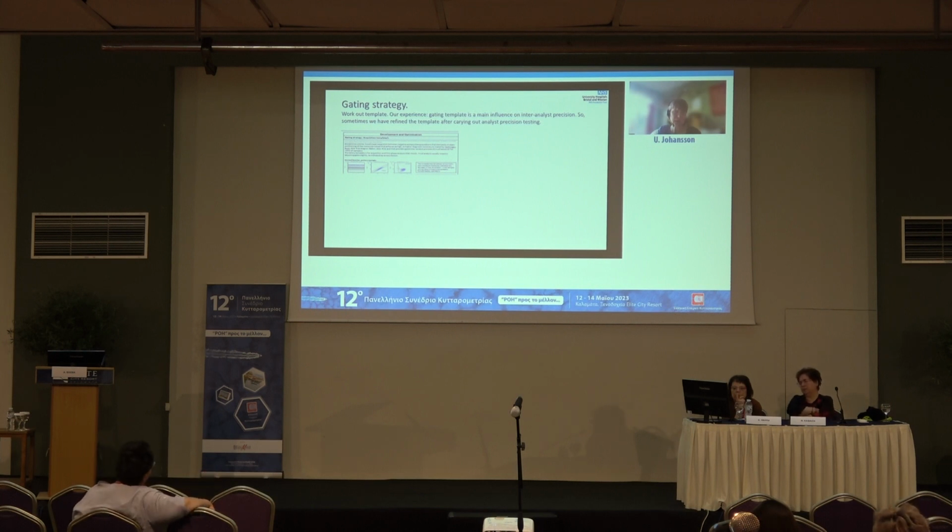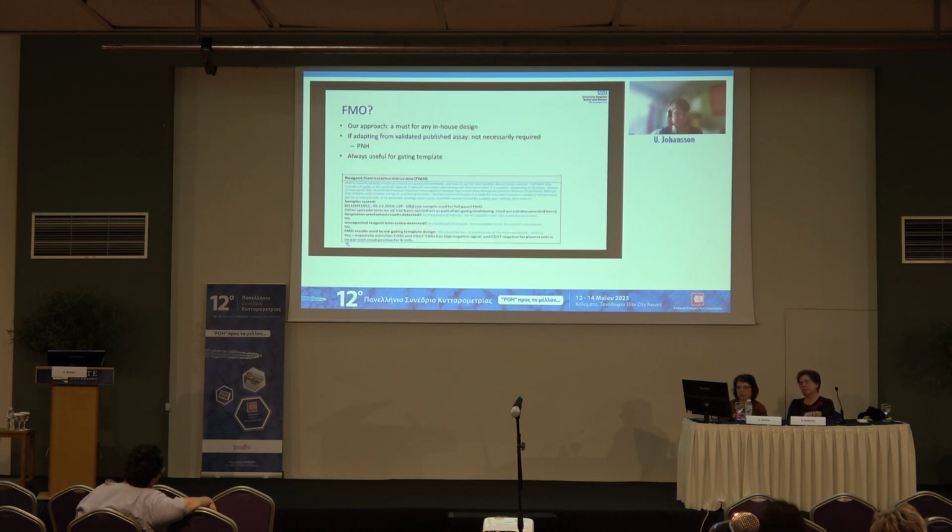Quite often what we have learned by doing this very detailed validation procedure nowadays is that we've actually refined our gating strategy a lot more than what maybe we did 5 years ago. And we are greatly helped by doing a fluorescence minus one.